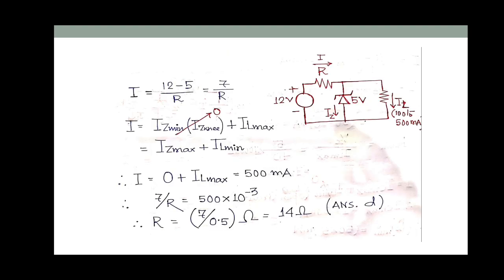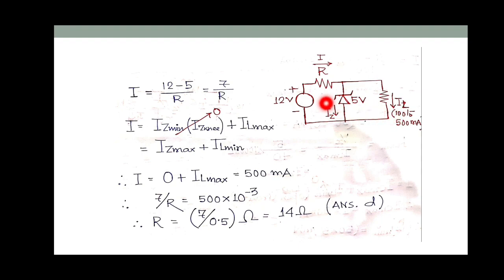Let's solve. In this problem, the V input is constant at 12 volt, Vz is constant at 5 volts. So the value of I will be constant, that is nothing but 12 minus 5 by R, that is equal to 7 by R. Now this I is constant, and applying KCL here, I is equal to IZ plus IL.